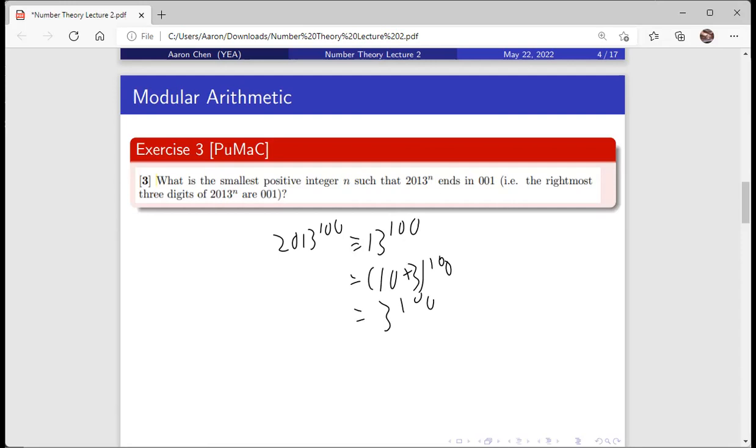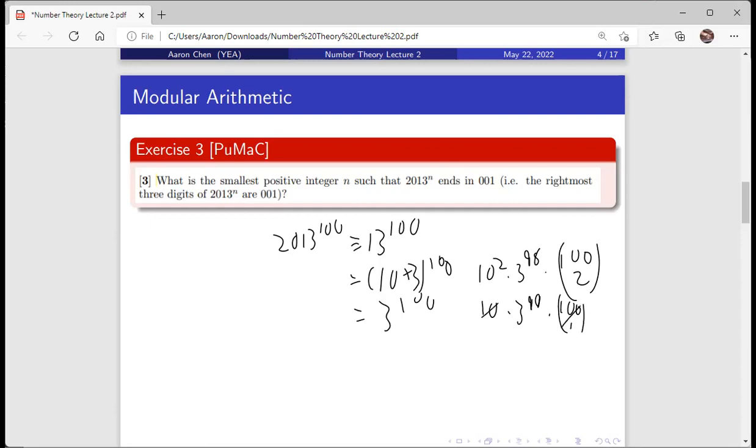There are two terms that will not obviously have a factor of 1,000 in the binomial expansion. One is 10 squared times 3 to the 98 times 100 choose 2. And the other is 10 times 3 to the 99 times 100 choose 1.